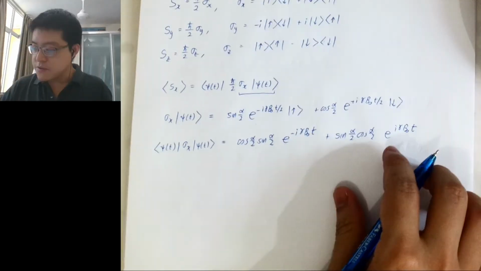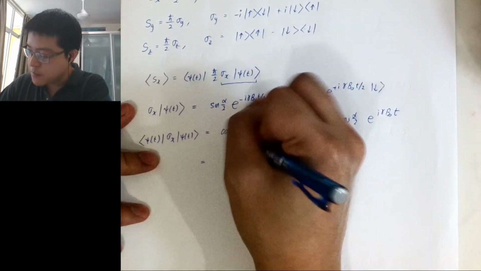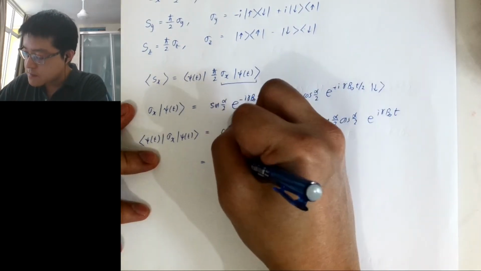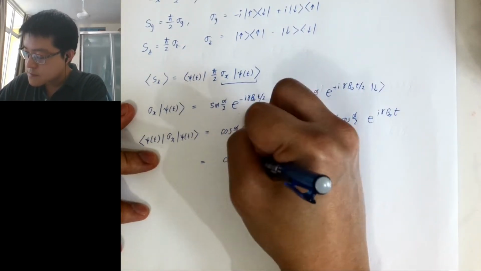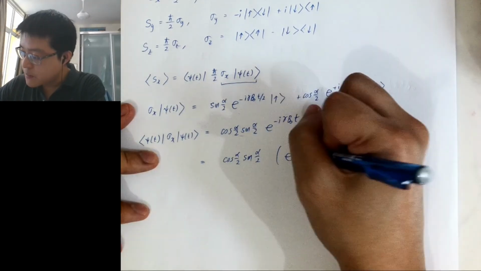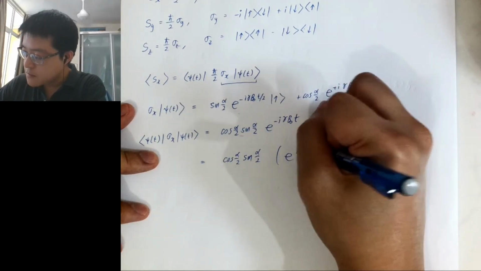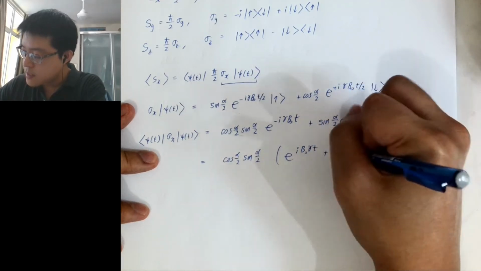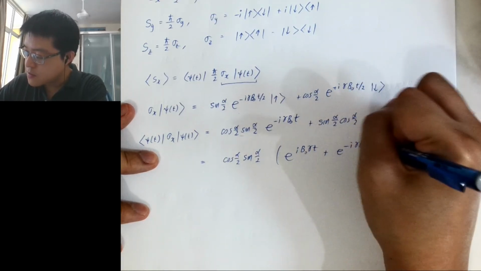So now I can try to simplify. Both terms have cos and sine, and then it is just e to the i gamma B0 t plus e to the minus i gamma B0 t.